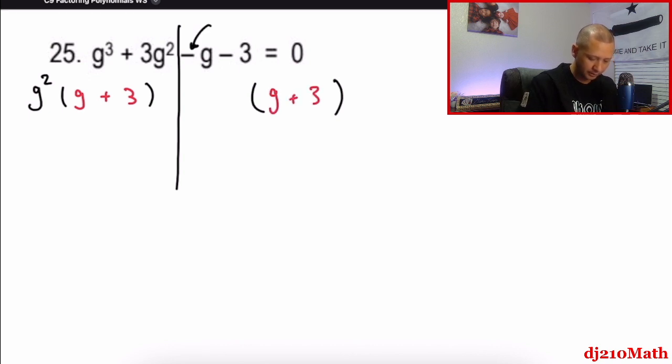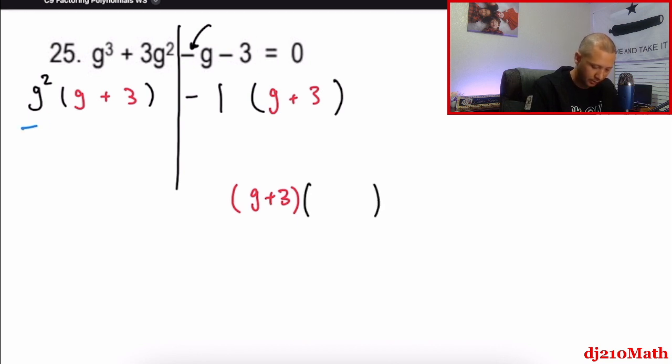So this is negative, so I'm definitely taking out a negative. And I'm taking out a negative 1. Because it's already g and 3. Like, there's nothing else I can do. So we're taking out a negative 1. So our factors, g plus 3. Leftover pieces, g squared minus 1.